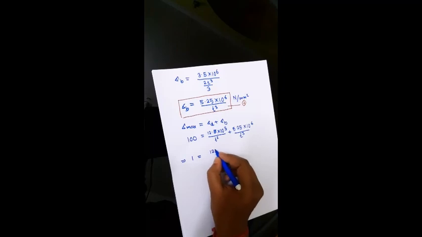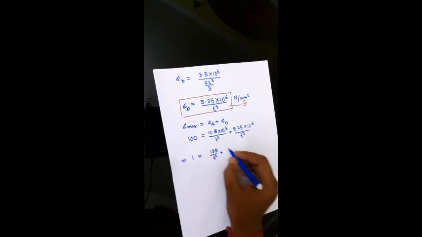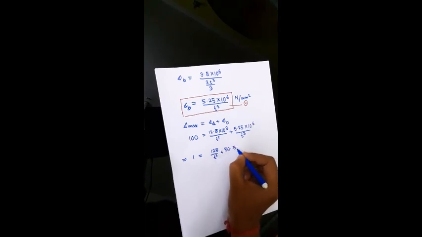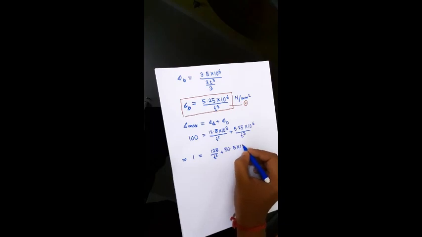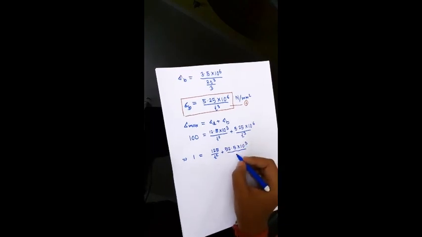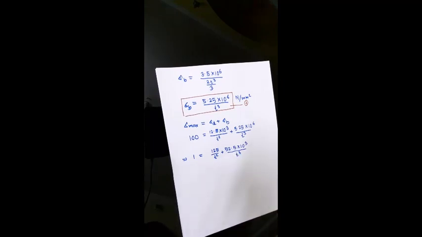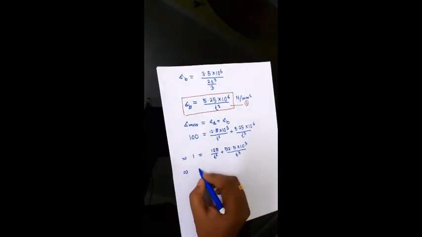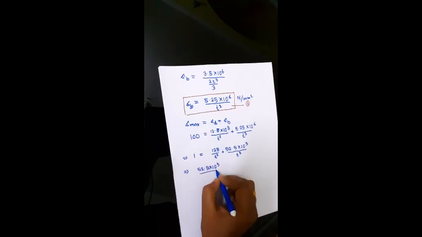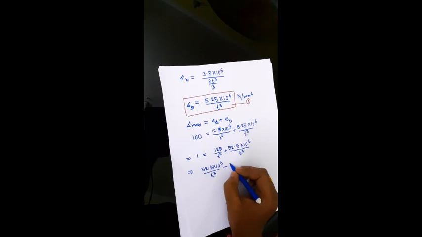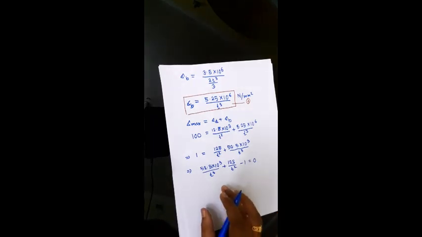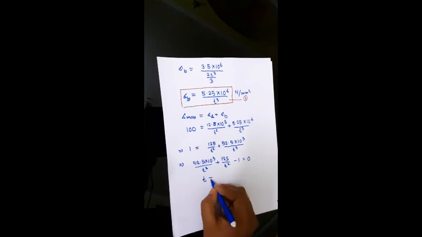What we can get is 125 by t square plus 52.5 into 10 to the power 3 by t cube, and from here we can get the equation as 52.5 into 10 to the power 3 plus 125 t square minus t cube is equal to 0, and from here we can find the value of t is equal to 38.5 mm.